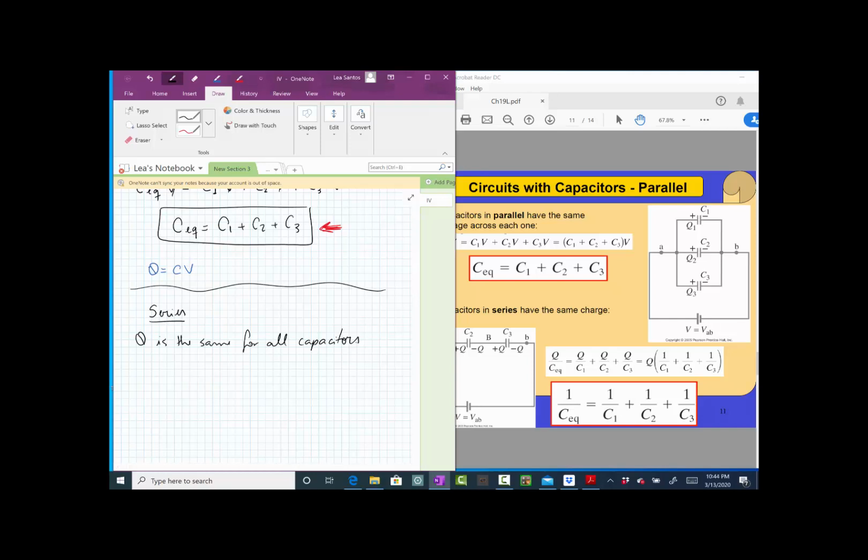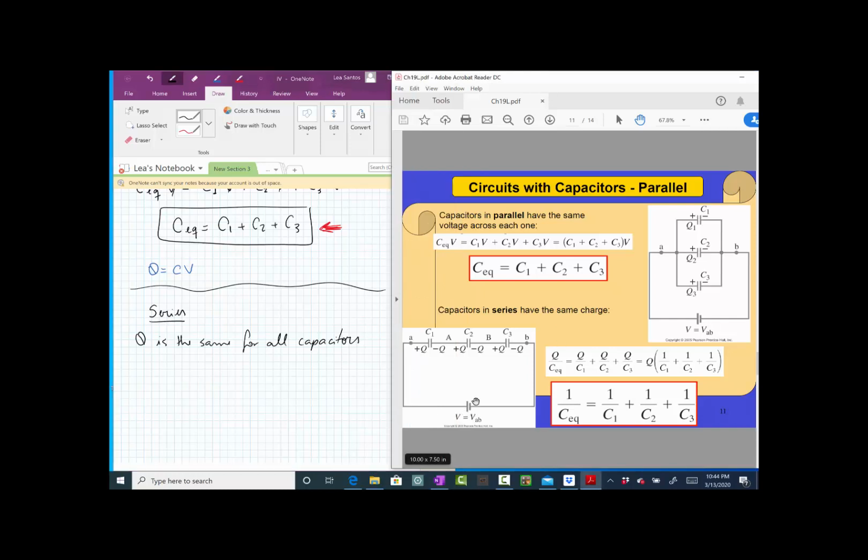What else do we have? Well, the potential difference of the battery is now given by the sum of the potential differences of each one of these capacitors, again similar to what we had in the case of resistors.